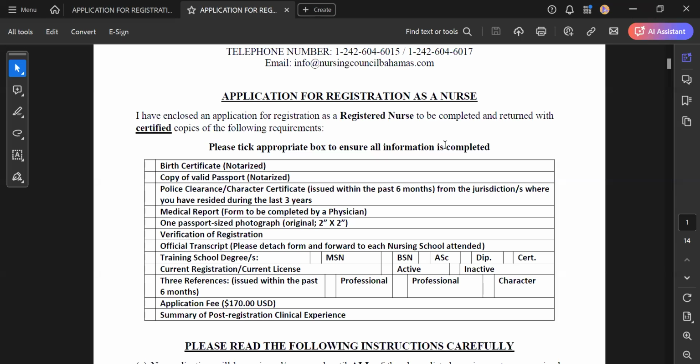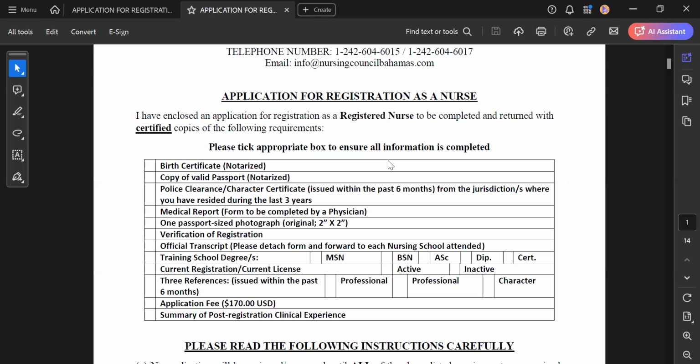They will do that one online, and you don't send any form to them at the Ghana NMC. You don't send any form. That one is council to council. So it is the Ghana Nursing Council to the Bahamas Nursing Council, online.